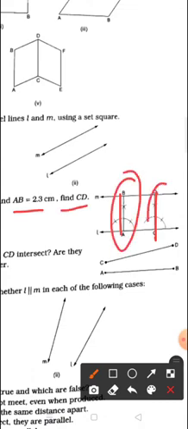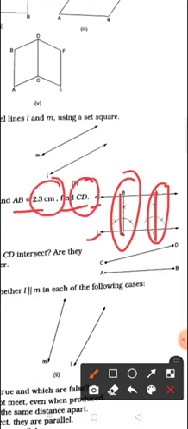You know that if both are perpendicular and lines are parallel, then the measurement is also the same. So the value of CD is also 2.3.